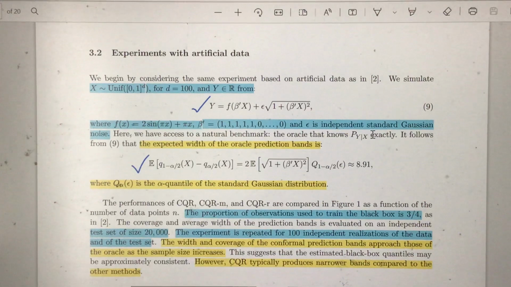Epsilon is independent standard Gaussian noise.